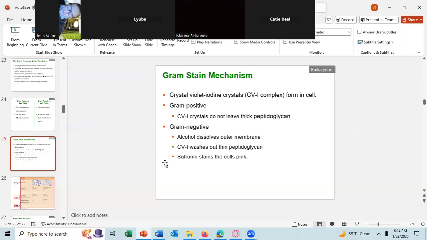And then lastly, the gram-negative cells stain pink because we apply the dye safranin to color the clear or decolorized gram-negative cells resulting from the gram stain. Any question about any of that?